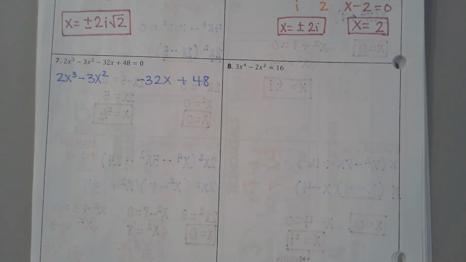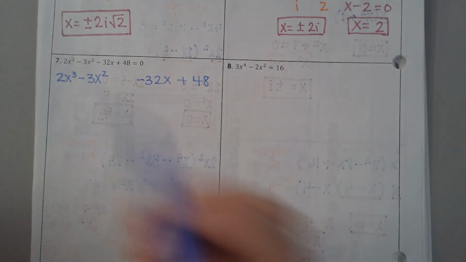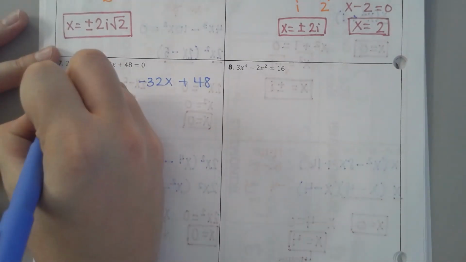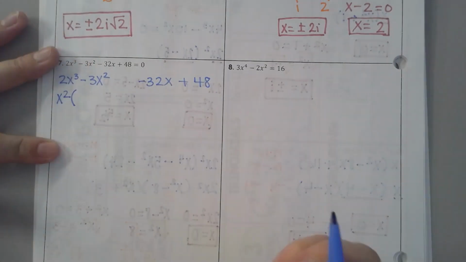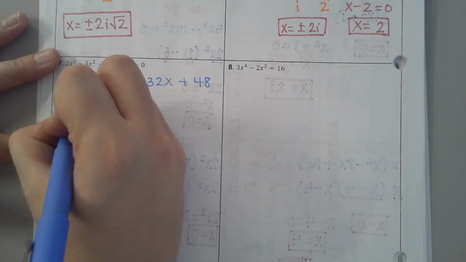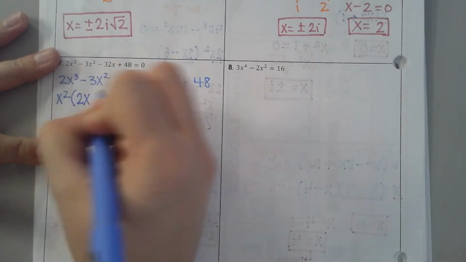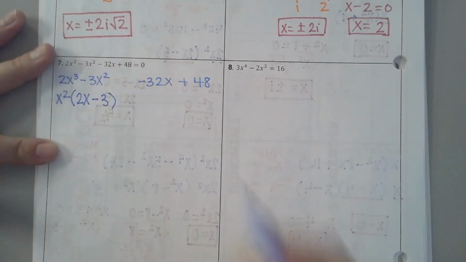And I have to find the GCF of each group. So what is the GCF of the first group? X squared. Leaving me with 2x minus 3. Good.